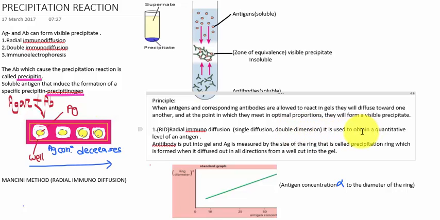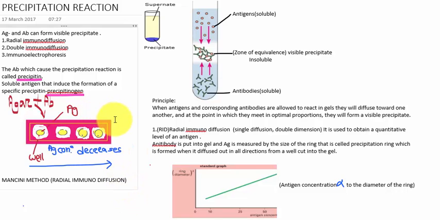It is used to obtain a quantitative level of an antigen. So what is the motive of this experiment? The radial immunodiffusion, the main motive is to obtain the quantitative level of an antigen. So you can find what concentration of antigen is present in a sample. So it is a quantitative method. What do we need to do? Suppose this is a slide or a plate.